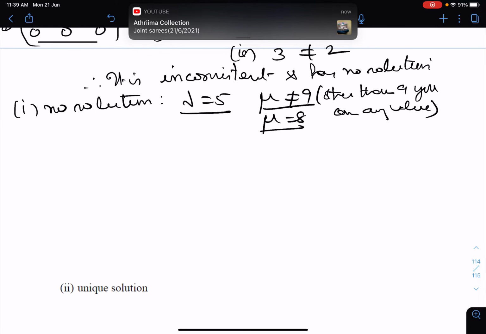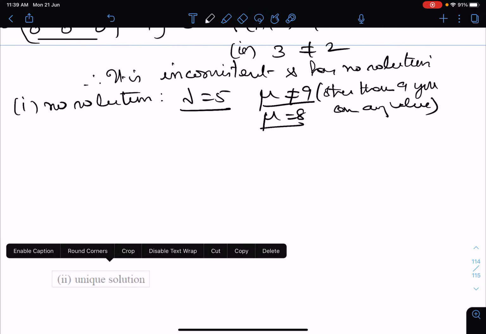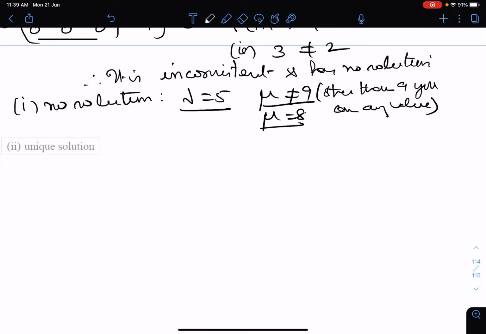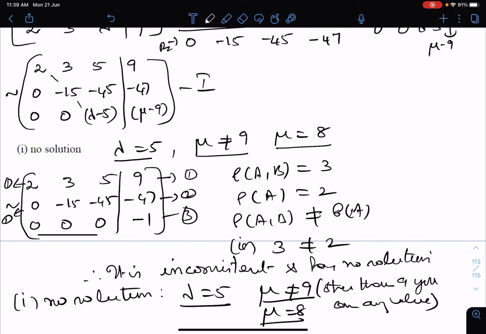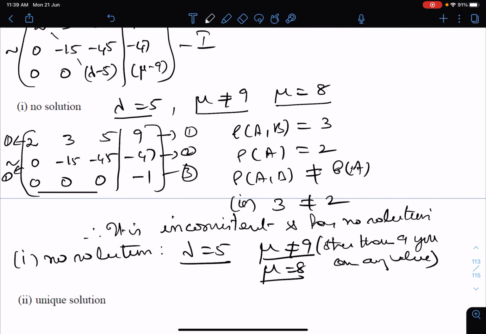Now we shall come into our case 2, unique solution. For unique solution, what is the condition? Rank of AB should be equal to rank of A, which should be equal to the number of unknowns. So for that, what I am going to take is lambda not equal to 5. Because if lambda equal to 5, I will write the Roman letter 1: 2, 3, 5, 9.